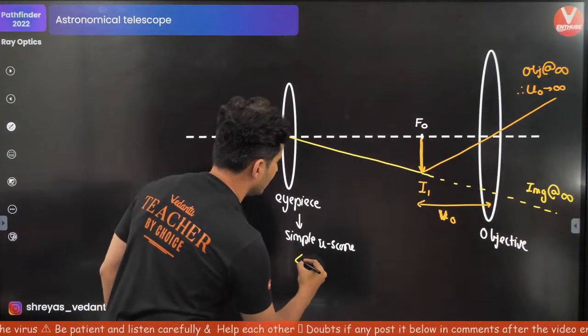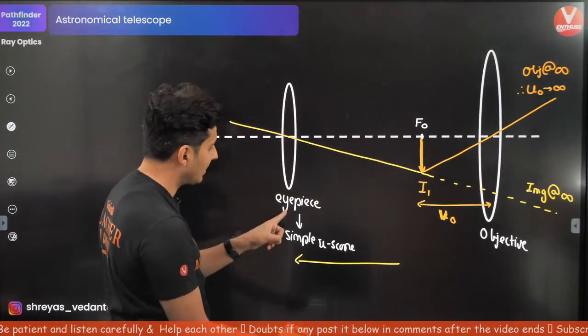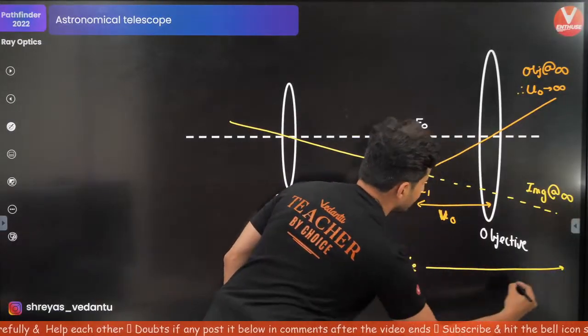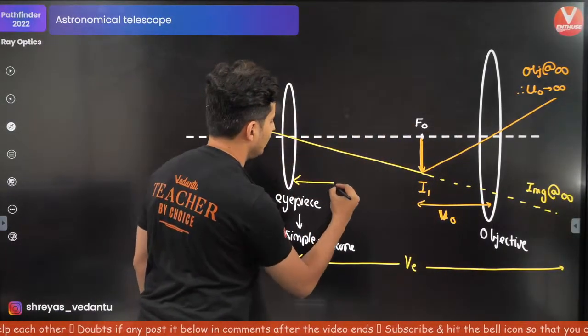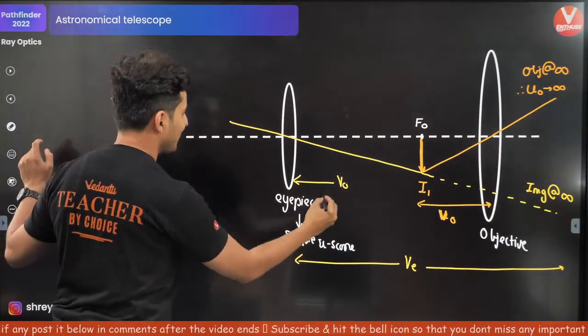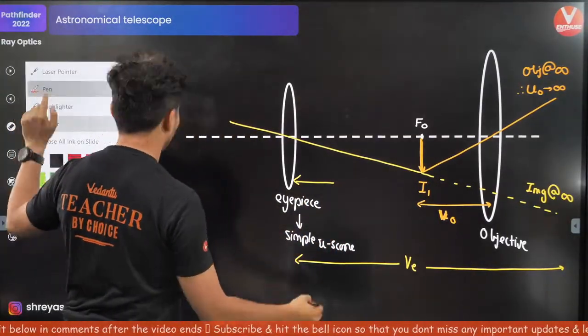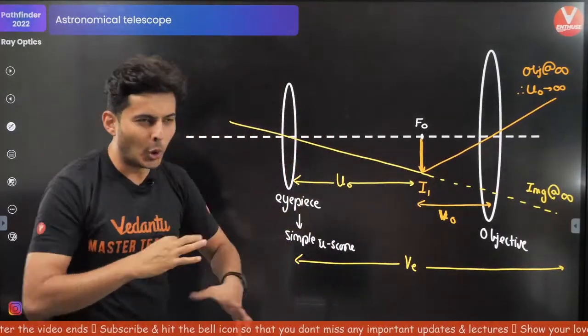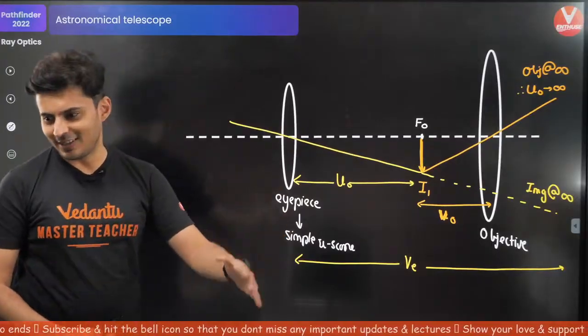So always the image distances are measured from this particular lens, which is the eyepiece. So VE will be like this, and this will be, oh sorry, my bad, this will be nothing but UE. Crazy, right? VUOE is like a tongue twister out there.